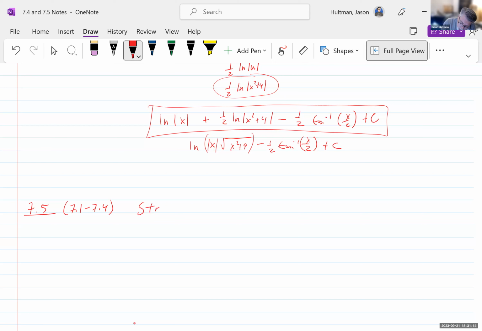So this is strategies. Okay, 7.1 through 7.4 combined is what 7.5 is. And it's again strategies for integration.